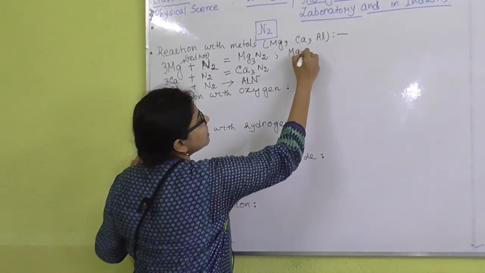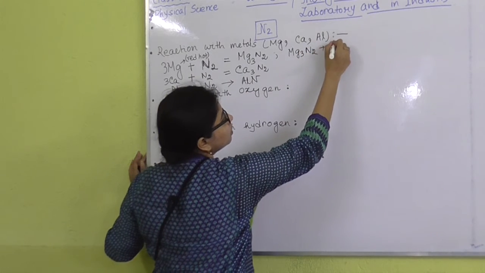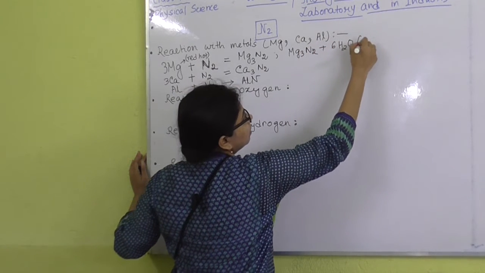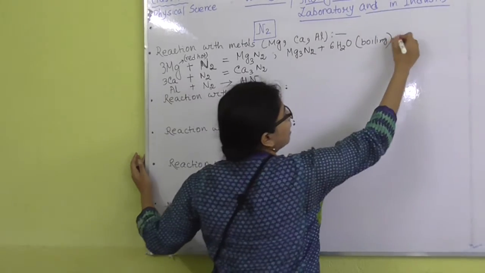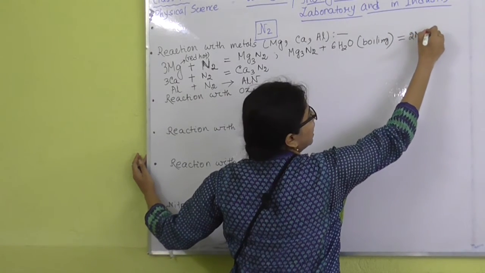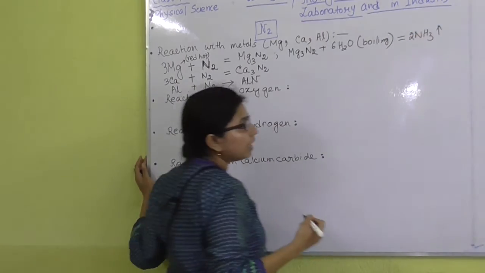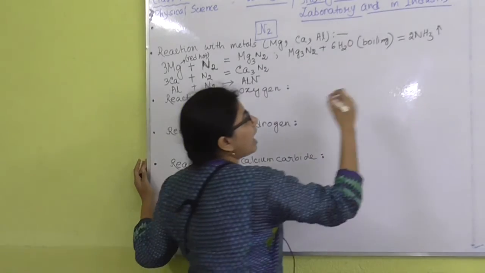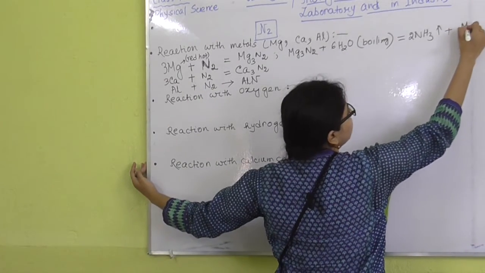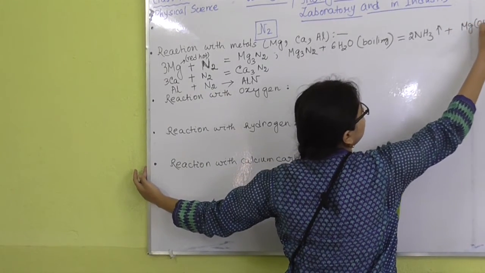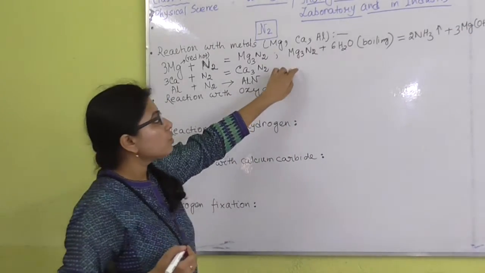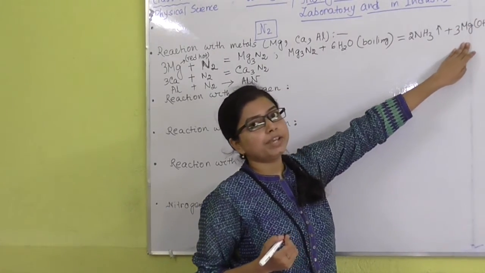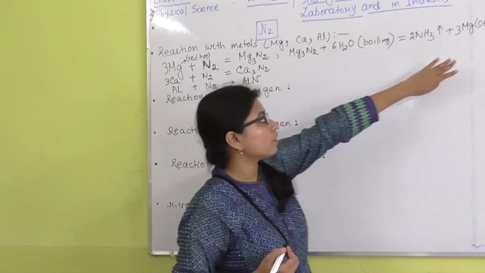If you add this Mg3N2 to boiling H2O, then it will produce ammonia gas, that is 2NH3, and you will get the hydroxide of the corresponding metal, that is here magnesium, so you will get Mg(OH)2, magnesium hydroxide.